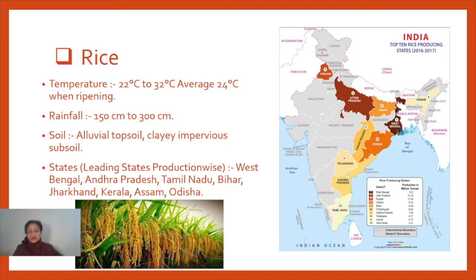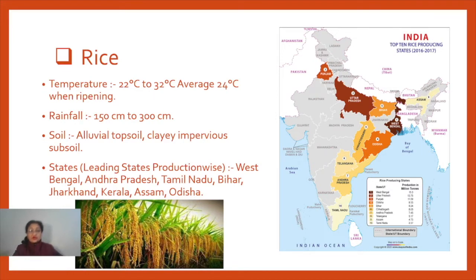But when we talk about the soil required for rice cultivation, it is grown best in alluvial soil, right? Keeping this in mind, we must think of an area in India which widely covers alluvial soil, and that is the northern plains of India.